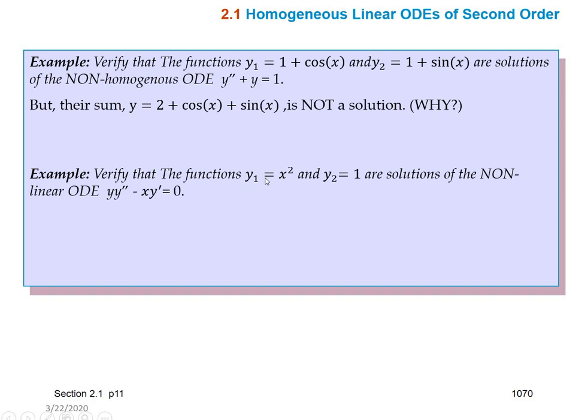This one is a solution, you can try it. This one is a solution, you can verify it. The sum, which is x squared plus 1, is not a solution and it is easy to verify. Differentiate this one twice, plug it in, you'll find out it is not a solution. Again, the theorem cannot be applied over here because my equation is non-linear.